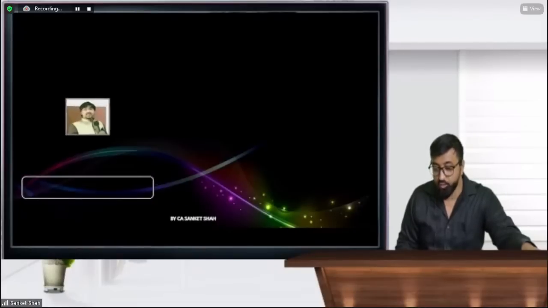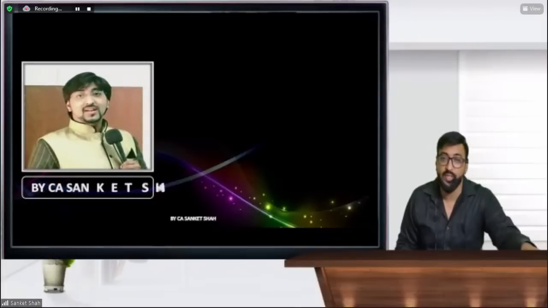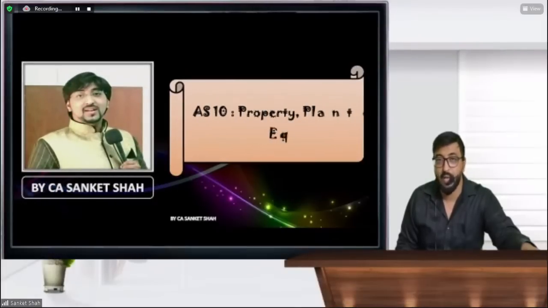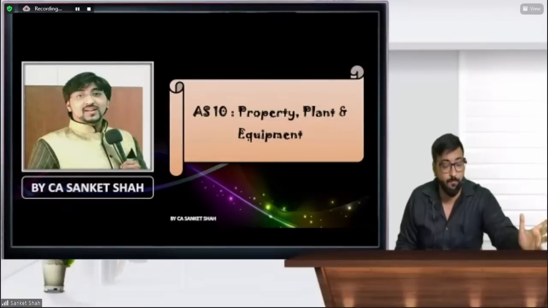So friends, today's accounting standard 10, property, plant and equipment. Previously, this standard name was accounting for fixed asset. But why did ICAI change its name from fixed asset to property, plant and equipment? Logic is very simple.